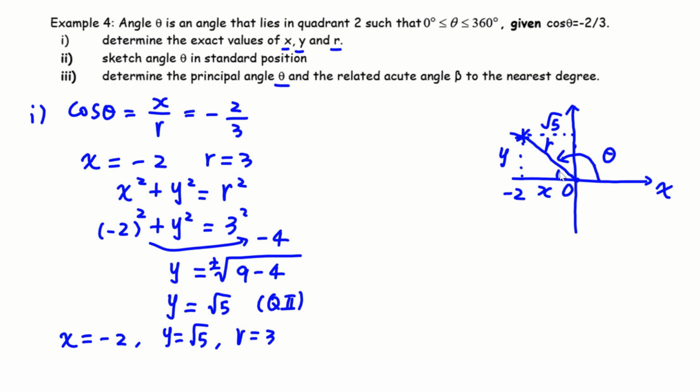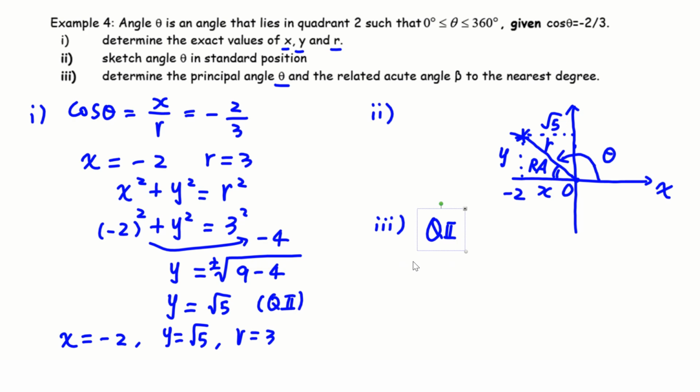In order to find the principal angle theta, we are going to solve this trig equation, and we want to find the RA. This time we didn't determine the quadrant because it's set in second quadrant already.